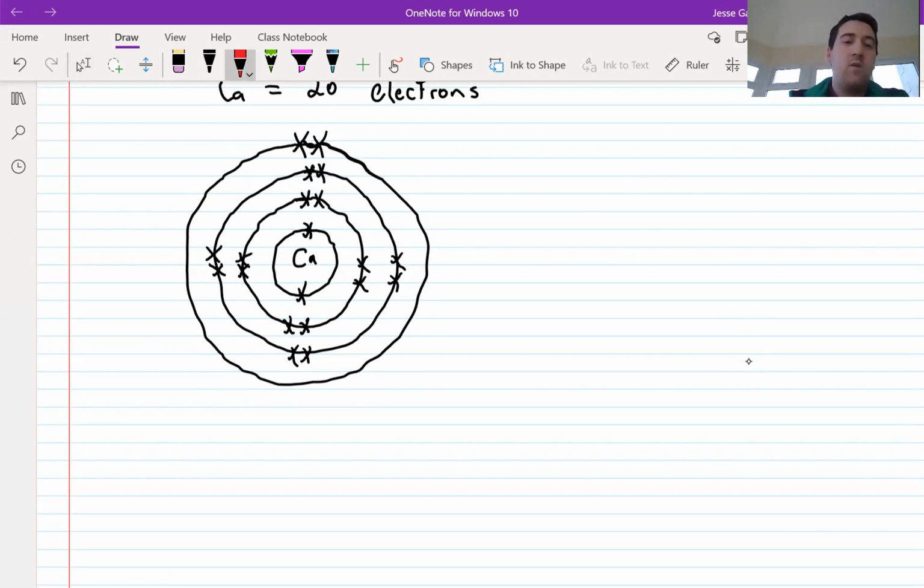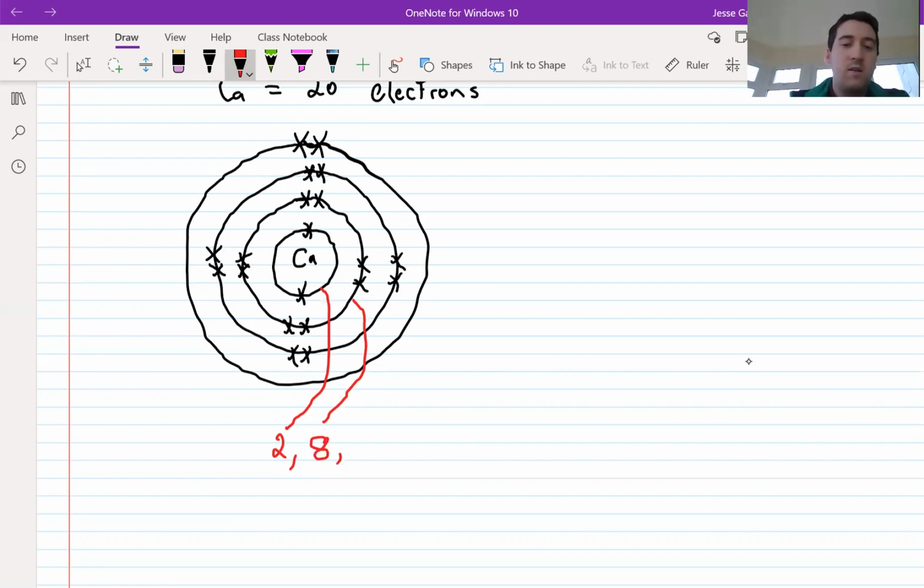So say we take our first shell. This is the first shell that's closest to the nucleus. We say that there are 2 electrons in the first shell. We then put a comma to show that we're separating and we're now talking about the next shell. The second shell, in calcium's case, has 8 electrons, comma.